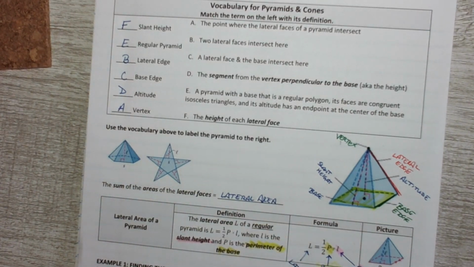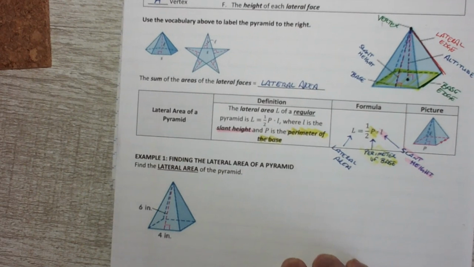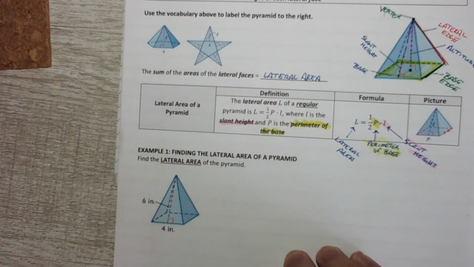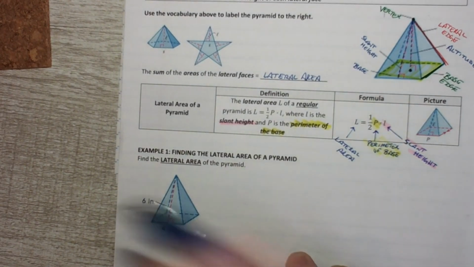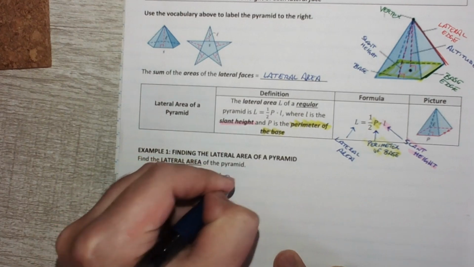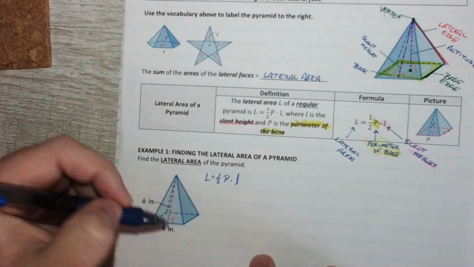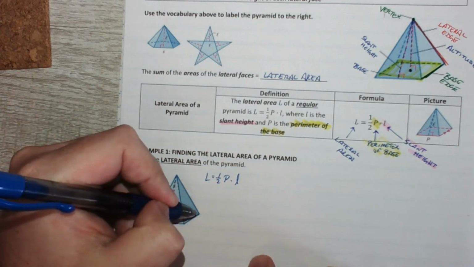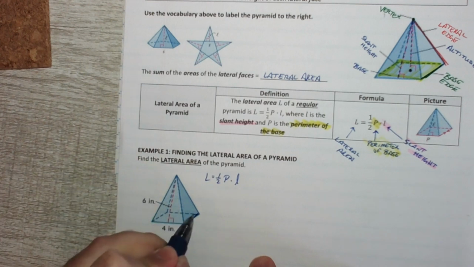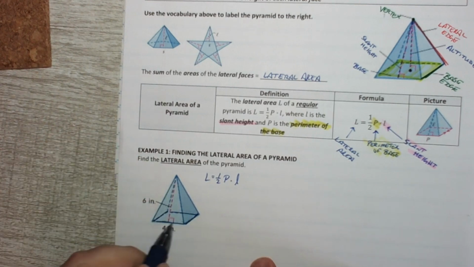Okay, so this first example, we were asked to find the lateral area of this pyramid. If we have our formula, 1/2 of the perimeter of the base times the slant height, we first need the perimeter of the base. If we check out this pyramid, the base is a square.